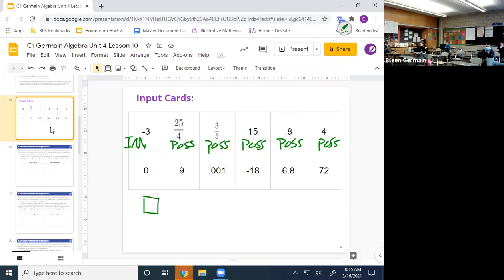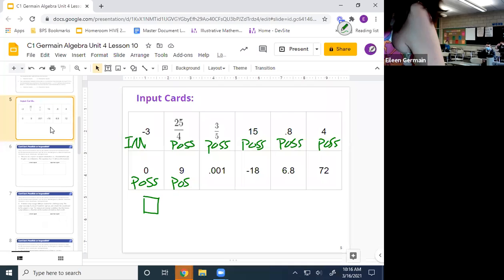So we're going to say this one is possible because, well, it wouldn't be tangible, but in theory we could have a square with a side length of 0, because then 0 times 0 gets an area of 0. What about 9? Yes, very good. Peyton, what about a side length of 1,000th?